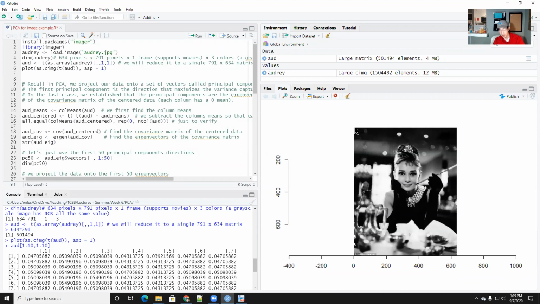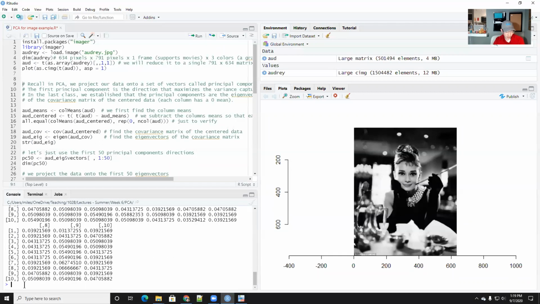So 0, 0 is this top corner here. If I go to this region where there's a light in the background, maybe around 200 and around 370, then we'll have values close to 1. So let's do 201 to 210, and 371 to 380.